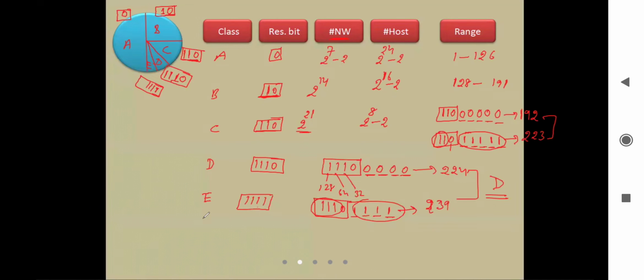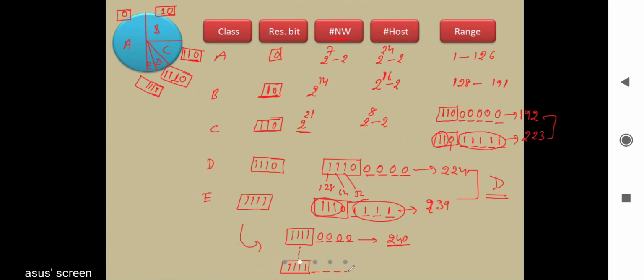Now let's see the range for class E. For class E, 4 ones are reserved, and I will put all zeros for the minimum number. So it becomes 240. If we calculate this one, we get 240. And what about the highest number? 4 places are remaining.